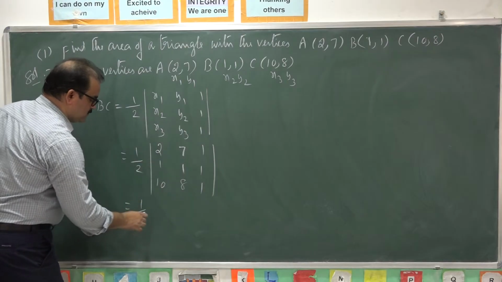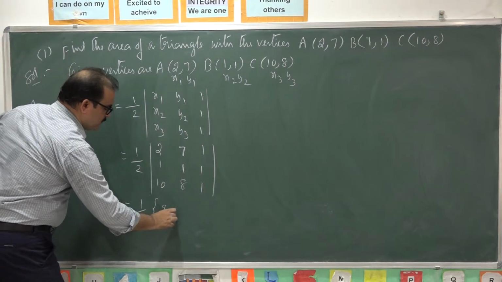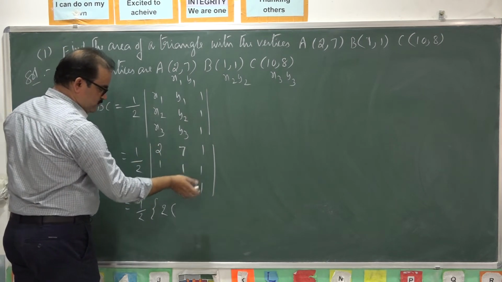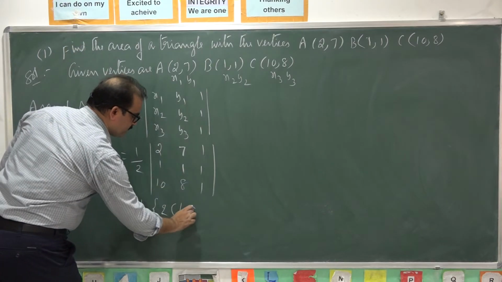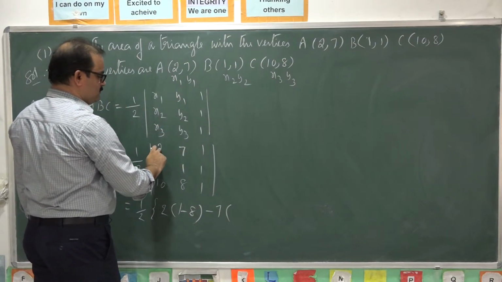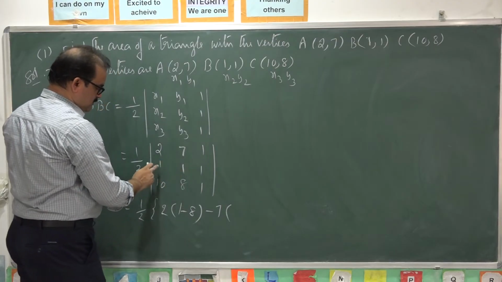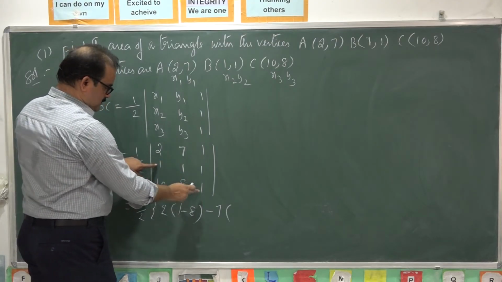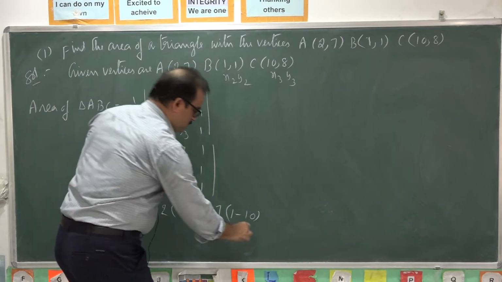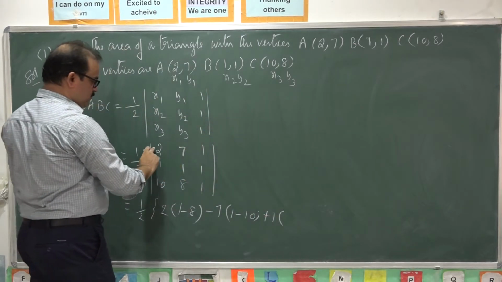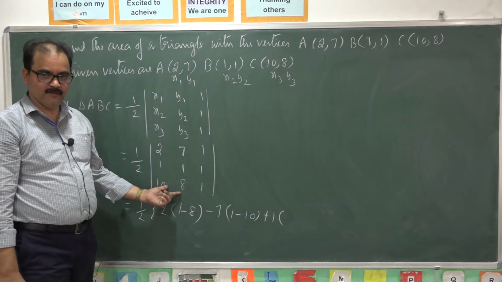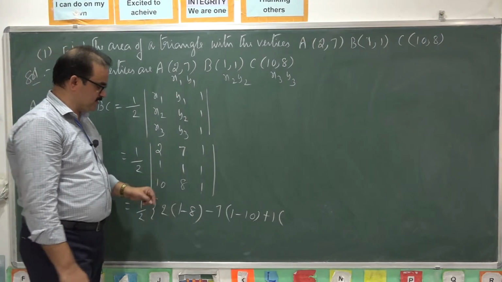If you expand along the first row, what do we get? 2 into, you delete the first row and first column, the determinant of this 2 by 2 matrix, 1 minus 8, minus 7 into, you delete the first row and second column, the determinant of that 2 by 2 matrix, 1 minus 10, plus 1 into, you delete the first row and third column, the determinant of this 2 by 2 matrix, 8 minus 10.